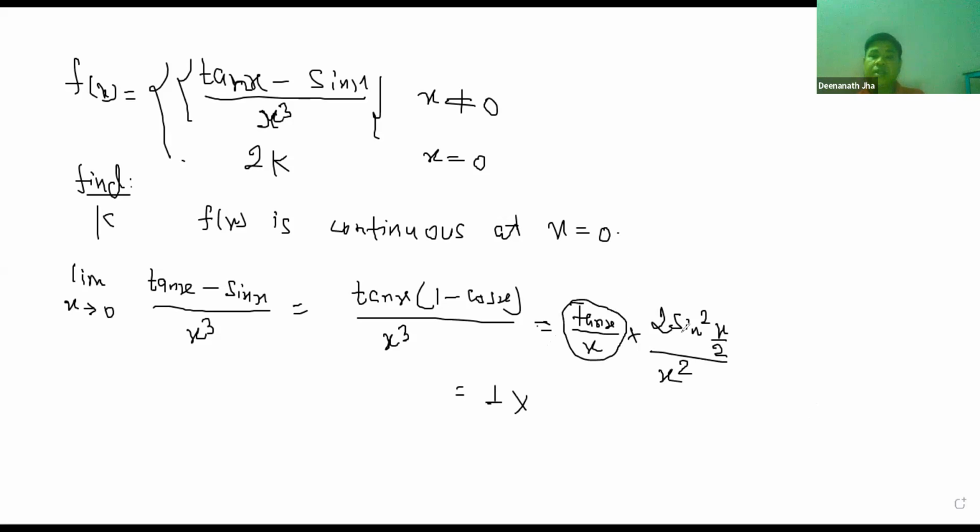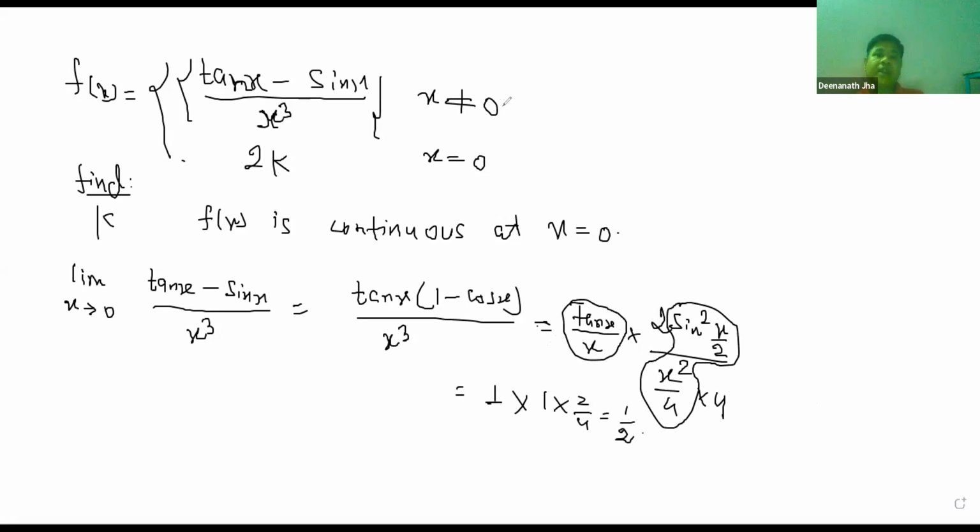Now for this part, you divide and multiply by 4 and 4 so that its value will also be 1, and it will be 2 by 4.